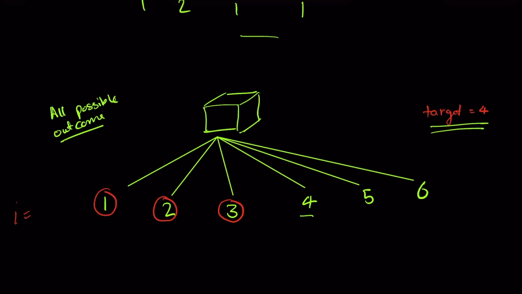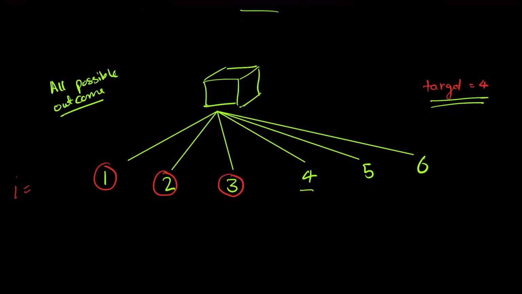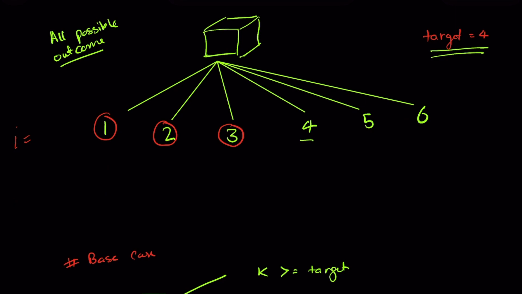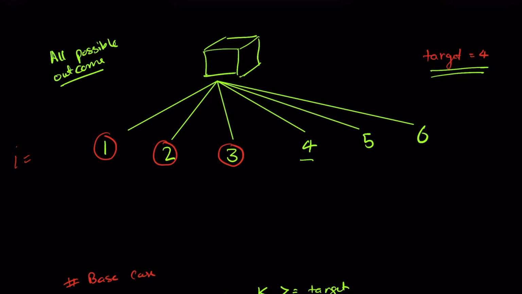We are constrained that k is greater than or equal to 1. So effectively, roll a die and then solve a subproblem in which after each roll you have one die reduced and the target also reduced. How do you check if that outcome is possible or not? You just check if this number, let's say 6, is less than target. Target is 4, no, so we don't go through this path. 1 is less than target, yes, so we can go through this path.